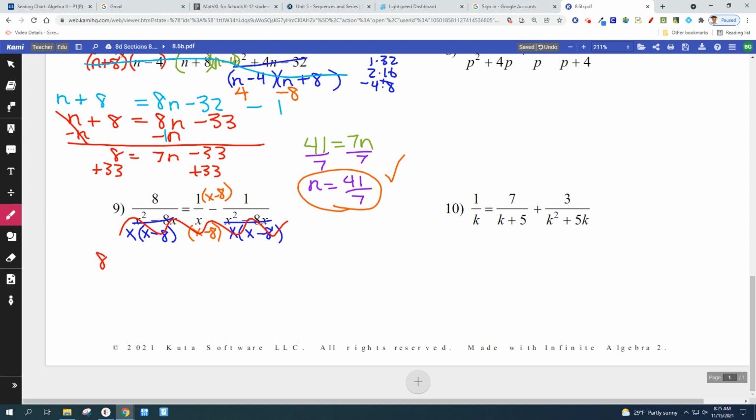I have 8 equals, distribute the 1, and so that's going to be x minus 8, and then minus the 1 there at the end. Is that it? 8 equals x minus 9, add 9, x equals 17.